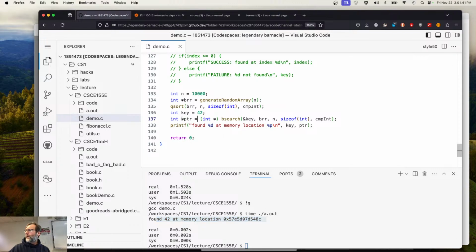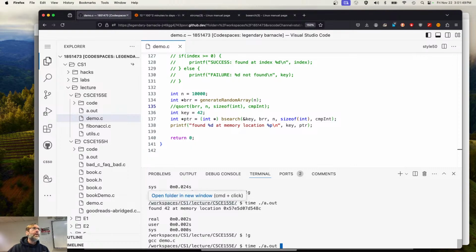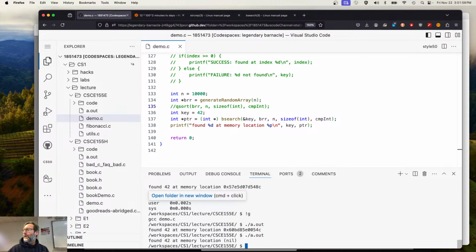But let's see. What else did I want to say on this? Oh yeah. Let's get rid of this. Right. Remember when we tried to use binary search, but we didn't know how to sort yet, and it failed? All right, it's not going to fail there. Let's kick this down to, I don't know, 10. There we go. And let's ensure that it's actually in there.